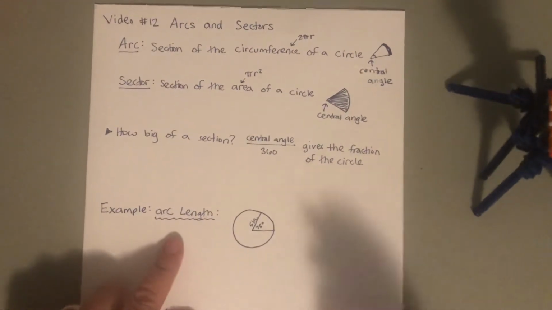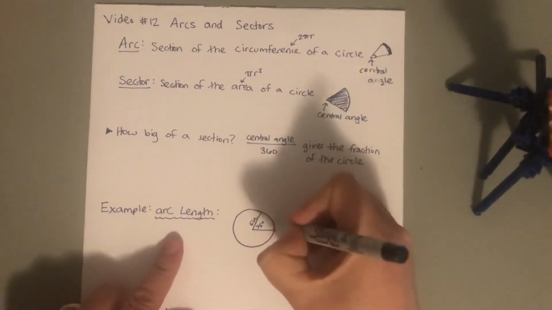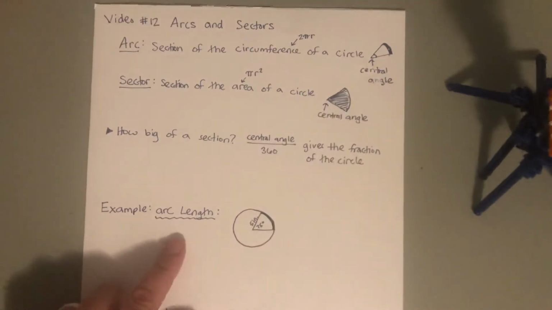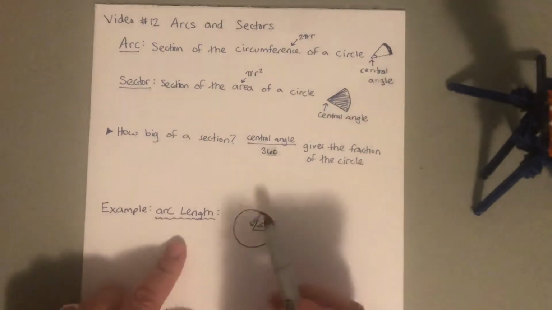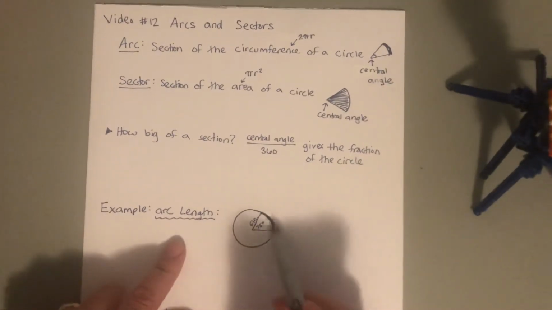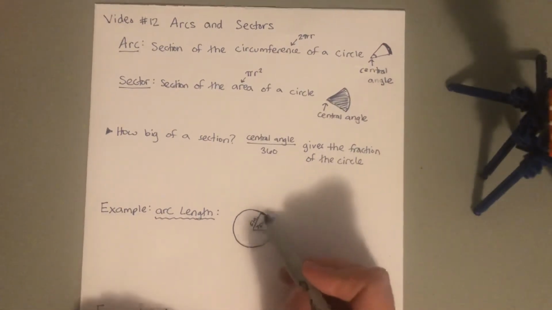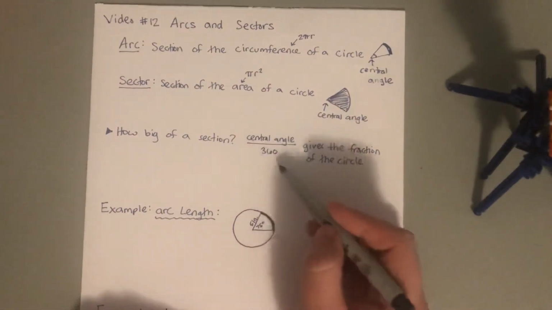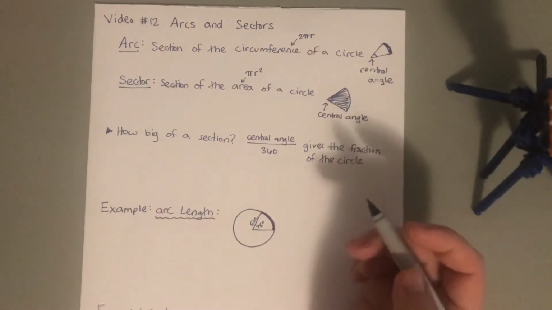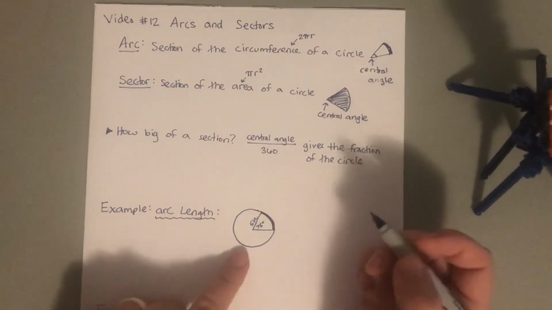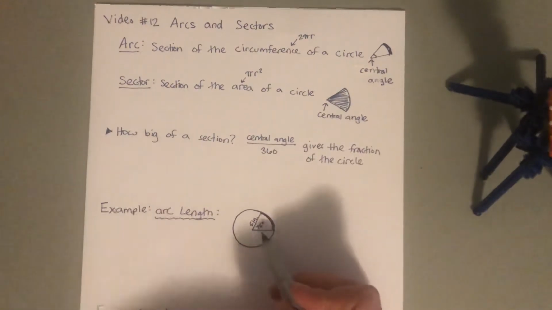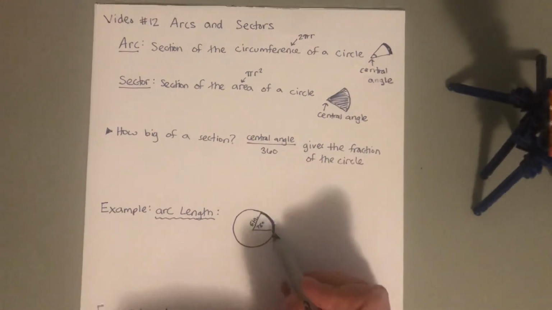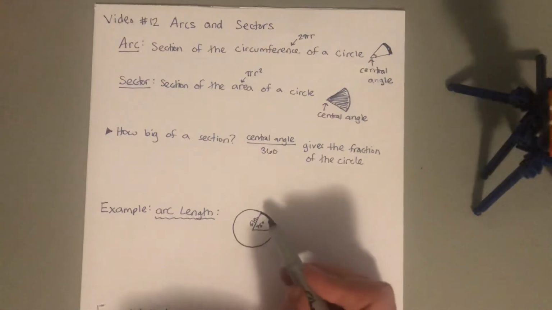Arc length is going to be just this out here. Essentially, we're looking at how long this is. So we're going to find the distance around the entire circle, the whole circumference of this circle, and then multiply it by the fraction that gives just the part of the circumference that we want. The arc covers 75 degrees of the entire 360 degrees.